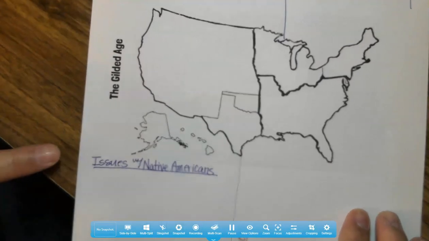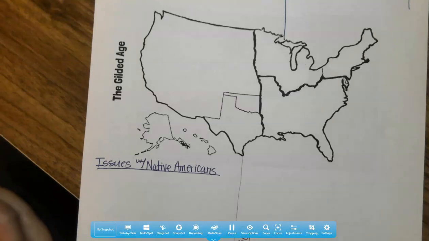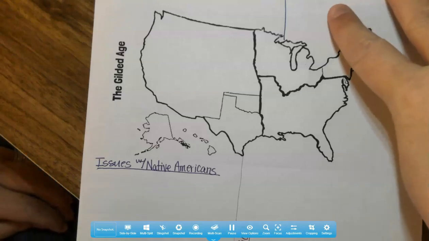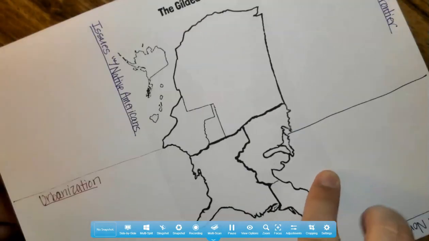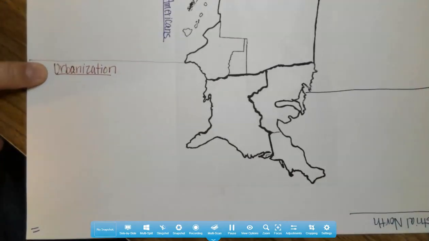Down at the bottom, issues with Native Americans. And then we're going to turn it the same way one more time. And this portion is going to be urbanization.